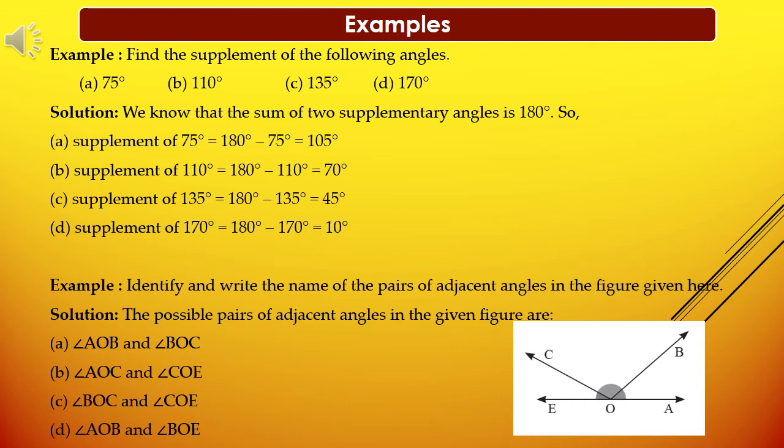Then COB and POA are also adjacent to each other. Similarly, we can see EOC is adjacent to COA and AOB is adjacent to BOE. Like this, we can find out all the adjacent angles.